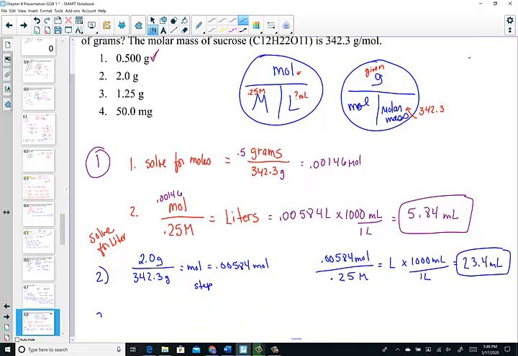How about the third story problem? This time we're given 1.25 grams of sucrose. I'm still going to divide by the same formula weight, 342, and that's going to be a mole unit that comes out for me. 1.25 over 342.3 is 0.00365 moles. Step 1, solve for moles.